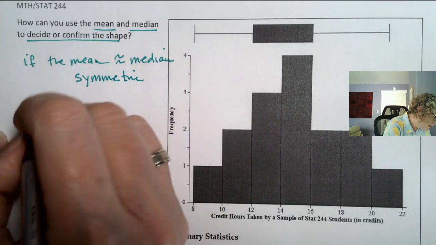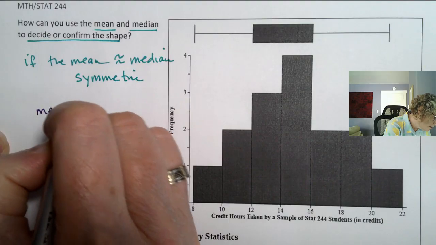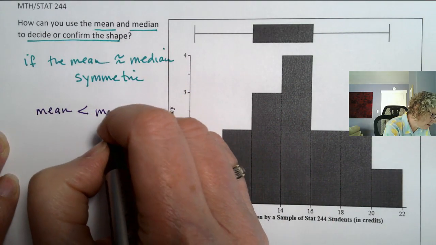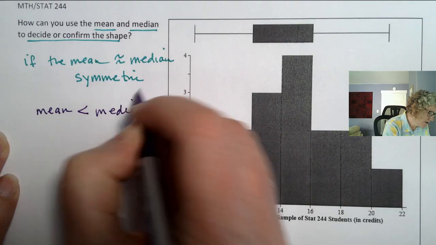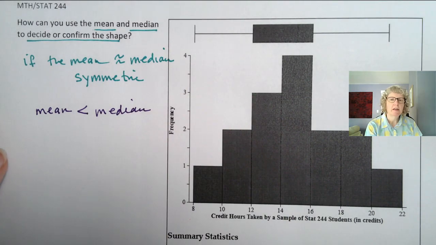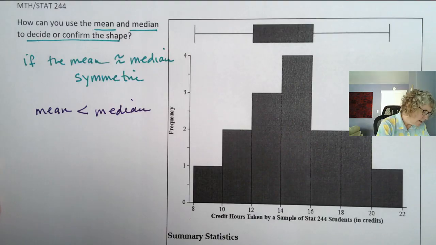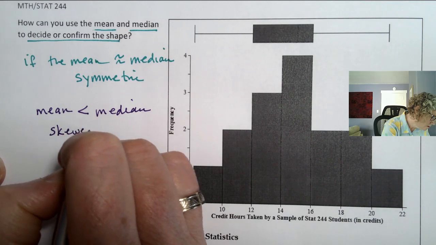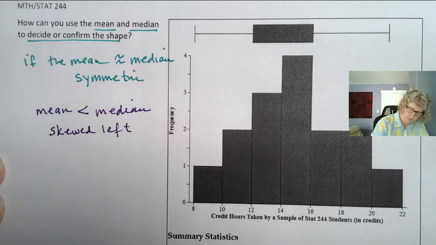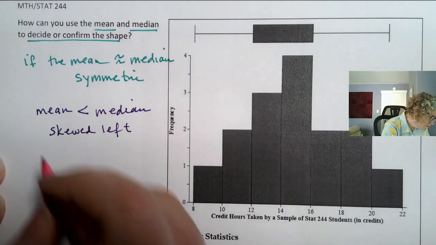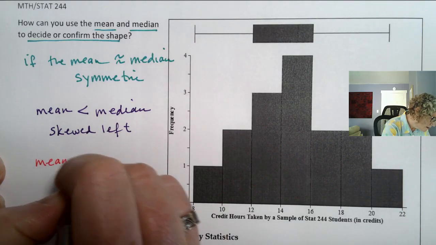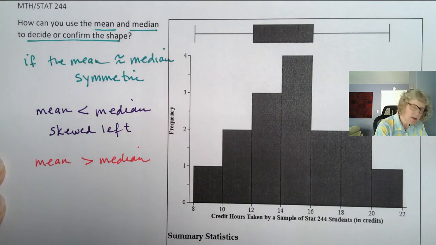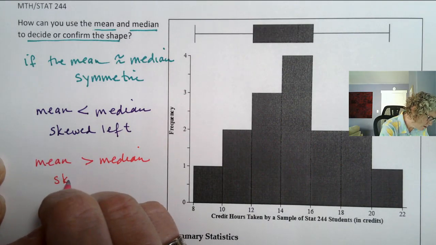And if the mean, in this case, the mean was less, but, you know, barely. So that would be more approximately equal. If it's significantly less, then that would be skewed left. And if the mean is greater than the median, it's skewed right.